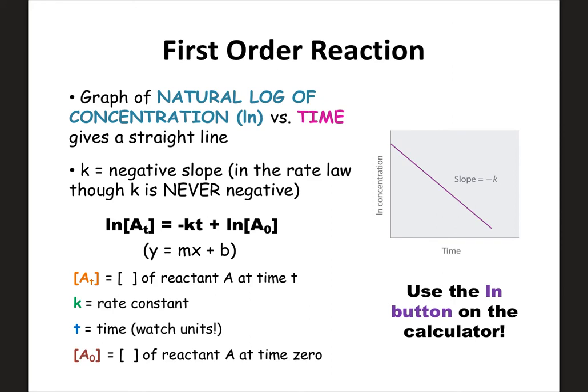AP does give you this equation. The only difference is that on the equation sheet, they subtract the natural log of [A]0 from both sides. So they have it listed as the natural log of the concentration at a particular time minus the natural log of [A] at time zero is equal to negative kt. It's the same equation.